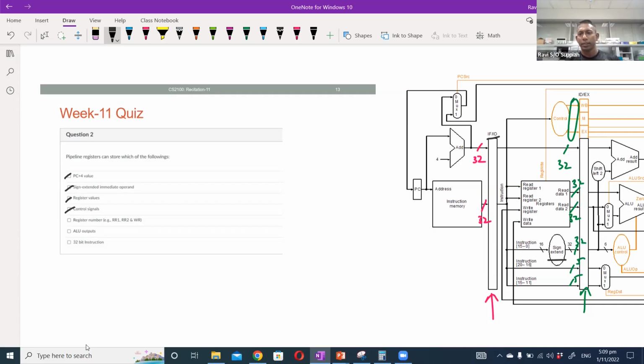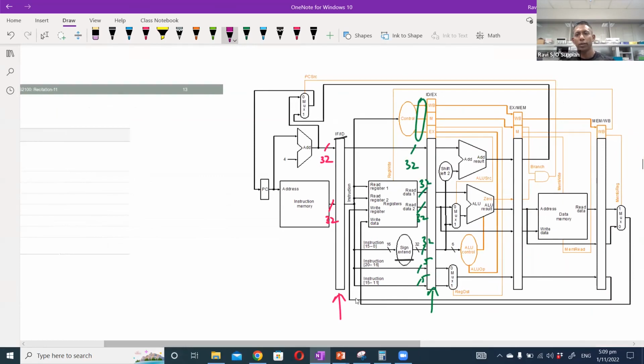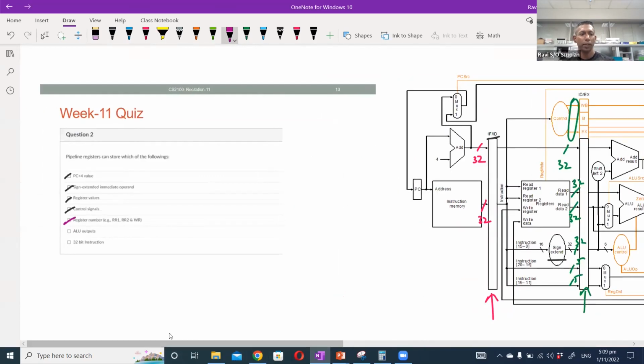The register numbers, RR1, RR2, and write register, are part of the instruction, so that is in your IFID register. Your ALU output is stored in your EXMEM register bank.